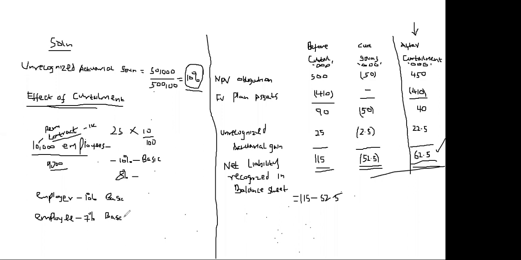Now, this money is collected by the employer at the end of every month. So 10% of basic by the employer, 7% by the employee, and then it is channeled to a fund or a scheme.